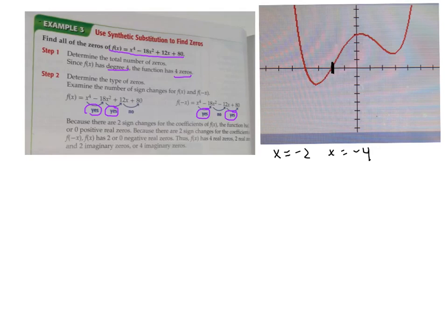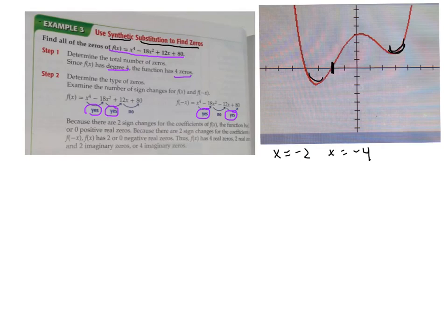I see one turning point. I also see another turning point here, which could represent 2 more zeros that I suspect might be imaginary. So how do I get to those imaginary zeros? Well, I have to use synthetic substitution, I would say division, to find those other zeros.